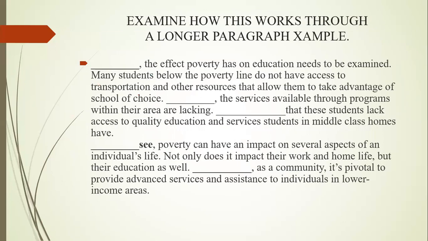Now examine how this works through a longer paragraph example, and how you can write it in a proper way. Think about it for a while. You have to decide which type of transition devices are required in it.